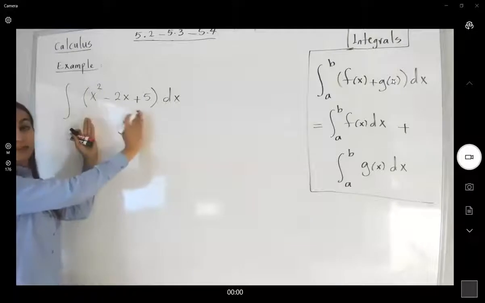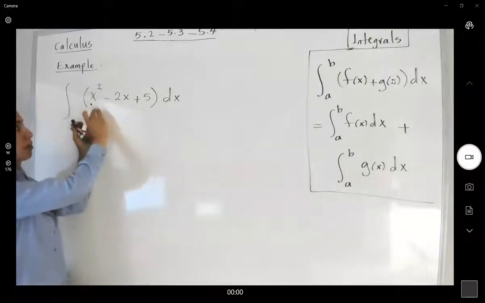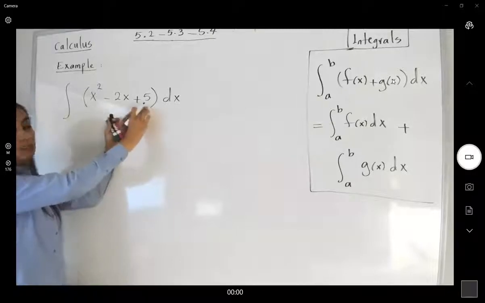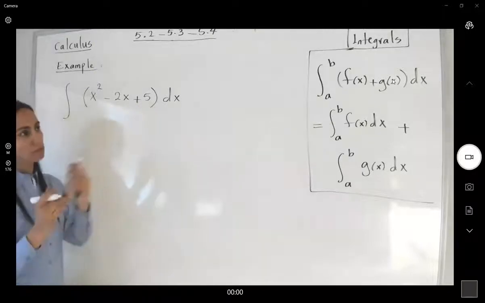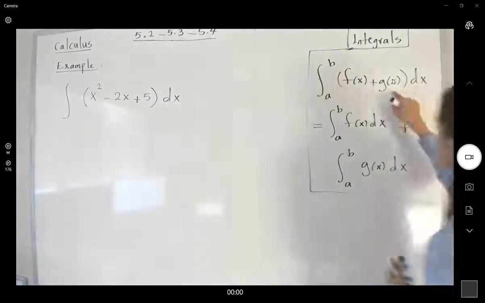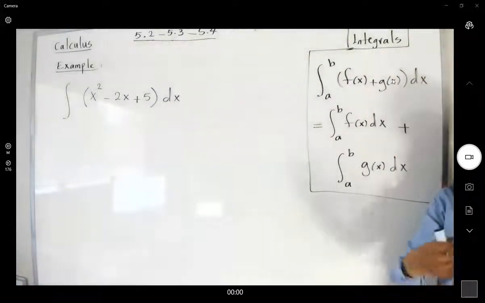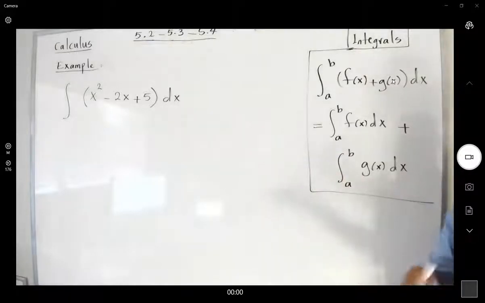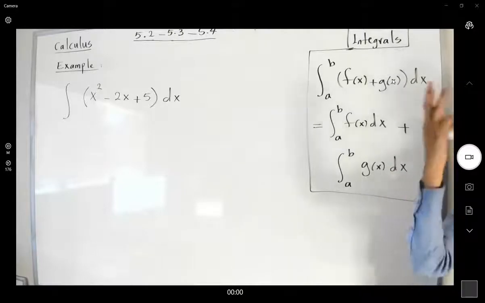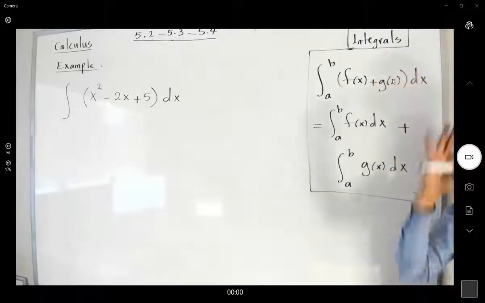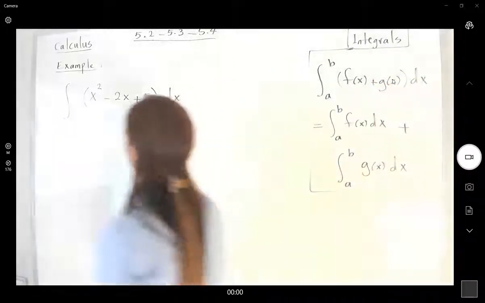We have a quadratic function, which is the sum of x squared plus minus 2x plus constant 5. If you have two functions, you can break it down into the integral of each of them. Then add the final answers together. If you have three of them, we can break it down into three integrals. If you have four, we can break it down into four integrals and so on.